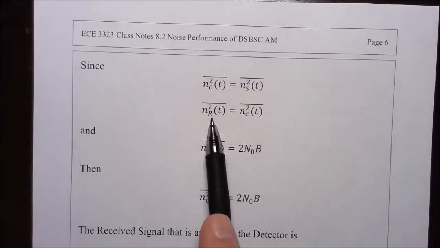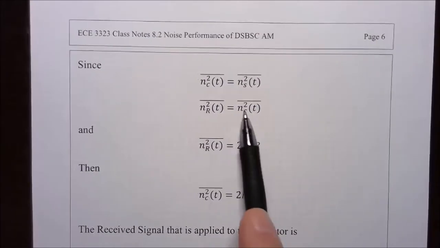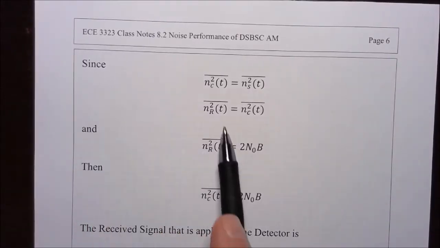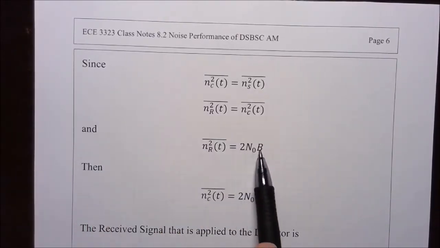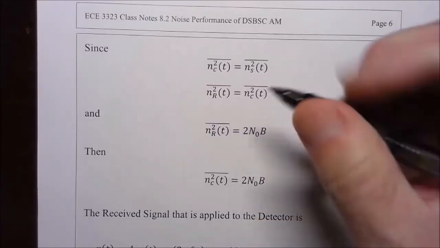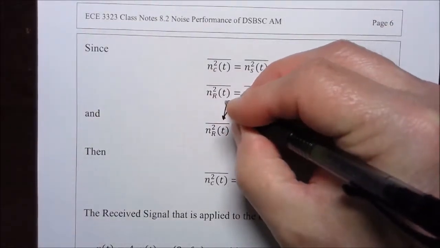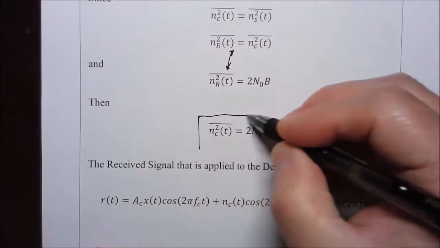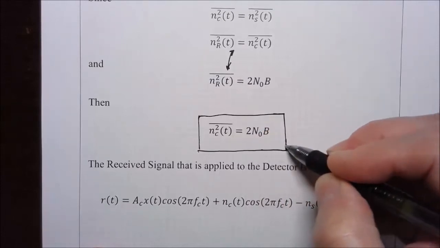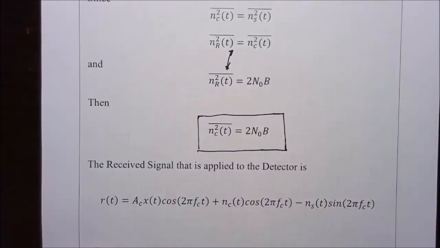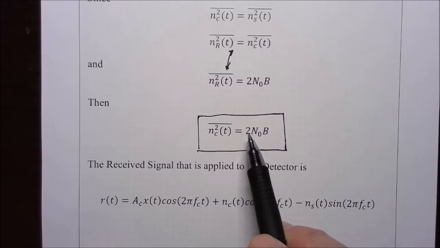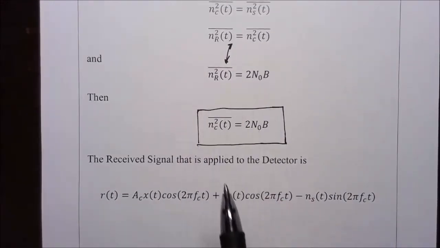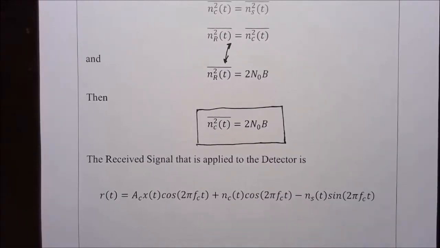So that makes the total noise power equal to NC squared time averaged. And we've also already determined that the total noise power is equal to 2 times N naught times B. So if we equate these two together, we can now have a value for NC squared time averaged, which is going to be 2 times N naught times B. And this we can now use in our signal to noise ratios.